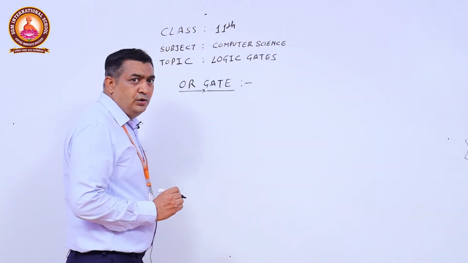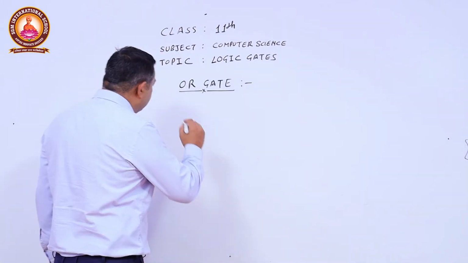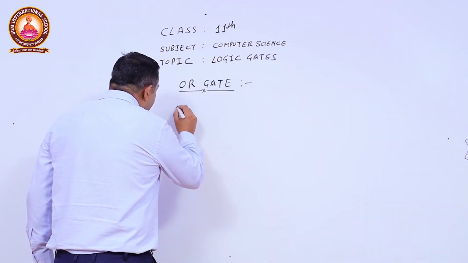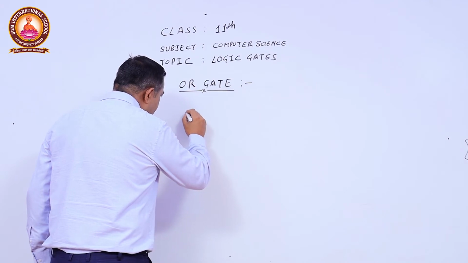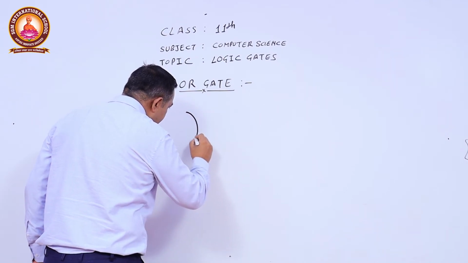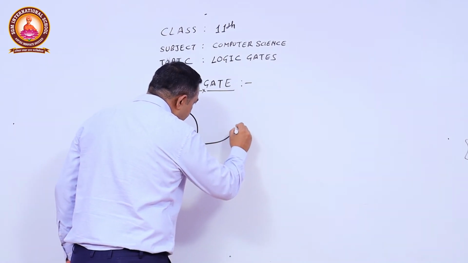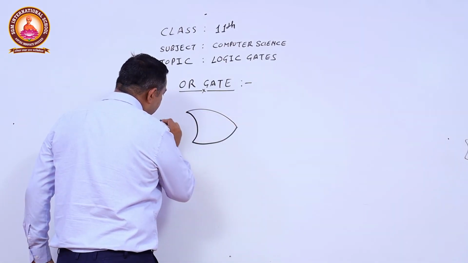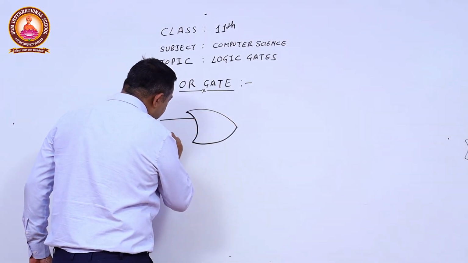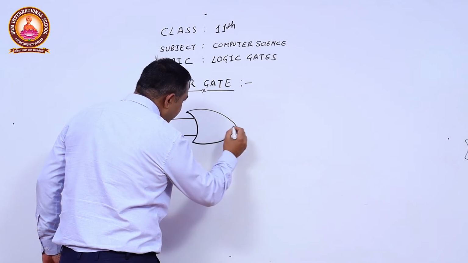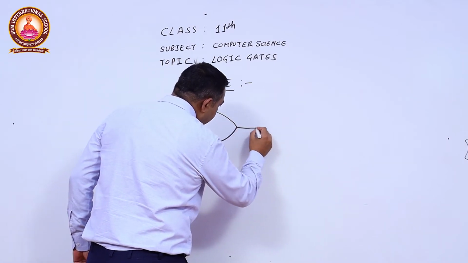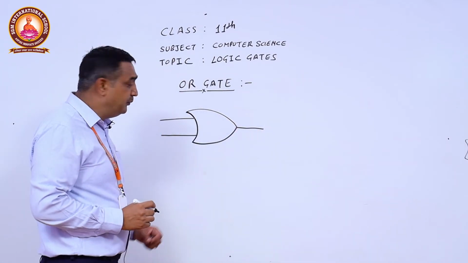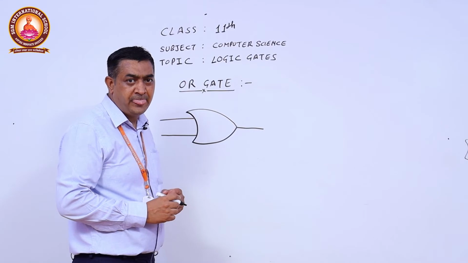Second one is the OR gate. First you look at the symbol of the OR gate. This is the symbol. This gate is also known as a binary gate. Actually this gate requires a minimum of 2 inputs.